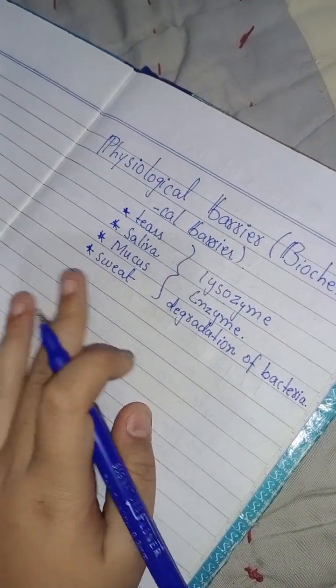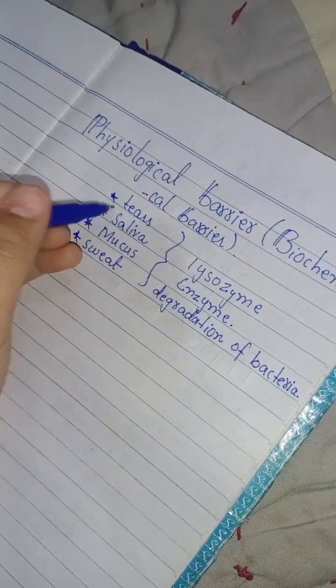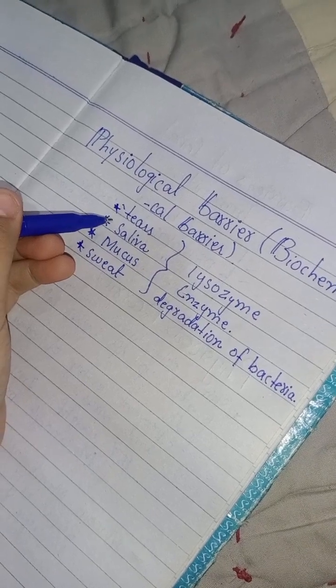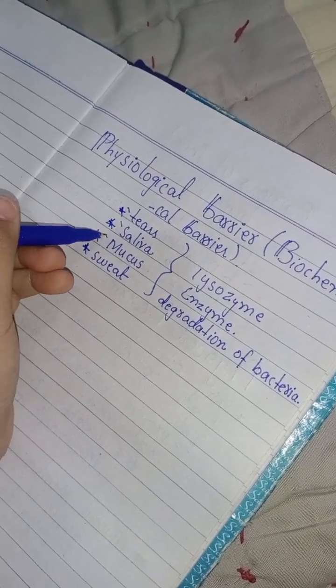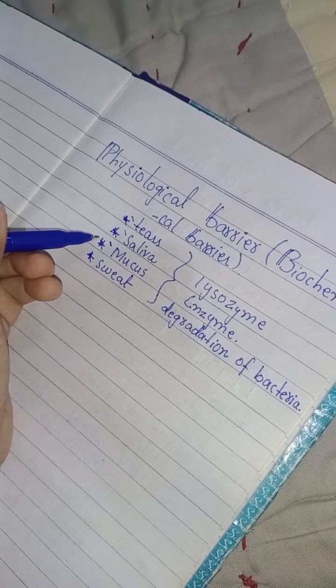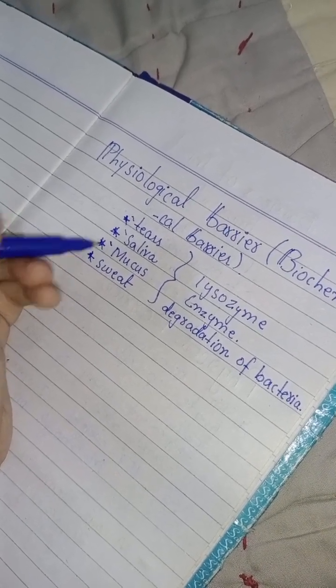Got it? Tears, we all know, are present in the eye, saliva in the mouth, and mucus we studied in the respiratory, digestive and reproductive tract.